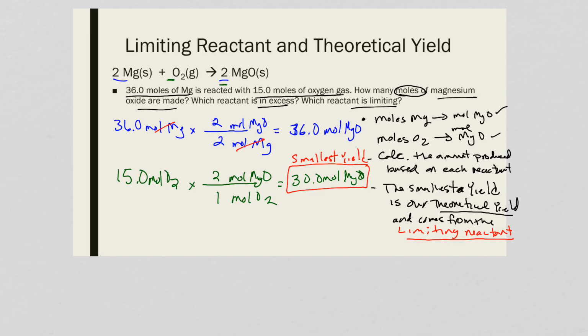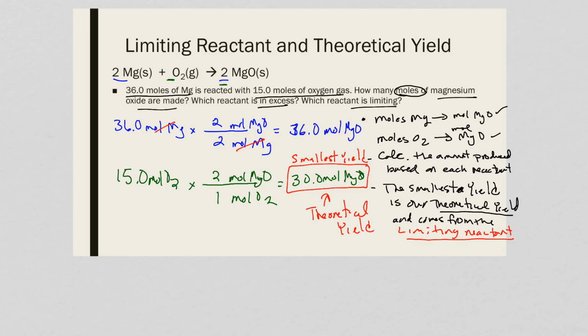Because if we think about it, once we make 30 moles of this product, then I'm out of oxygen. And it doesn't matter that I have the ability to make 36 moles based on the magnesium. I no longer have any of the oxygen left to react with it. So at the end, we're going to be left with some magnesium there. But this is my smallest yield, so this becomes my theoretical yield.